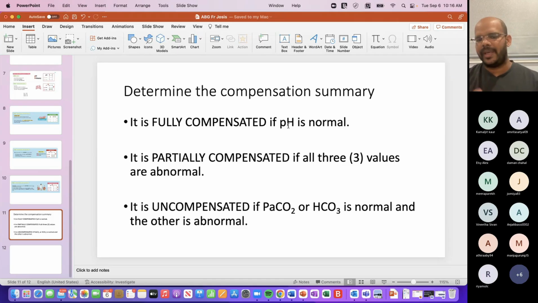Either PCO2 or HCO3, one is normal and one is abnormal, because one is causing the pH to be abnormal and the other one is in the normal range, because it's doing nothing to help the pH come back to the normal range. That is why it is known as uncompensated, because your body is not trying to compensate for it.